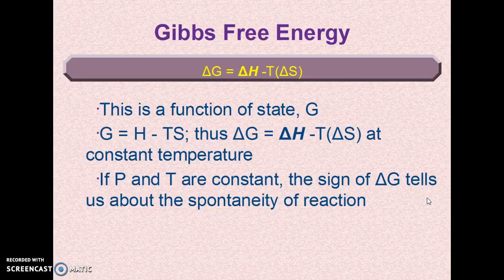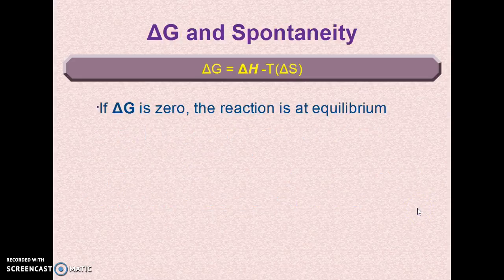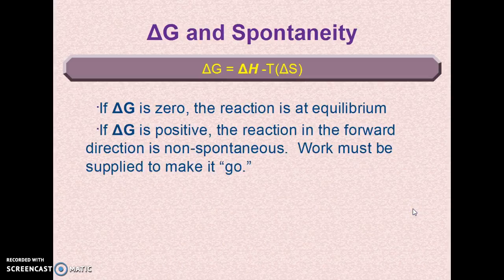If pressure and temperature are constant, the sign of delta G tells us about whether a reaction is favored or not. If delta G is 0, the reaction is at equilibrium. If delta G is positive, the reaction in the forward direction is not favored. Therefore, you have to supply work to the system to make it happen at all.